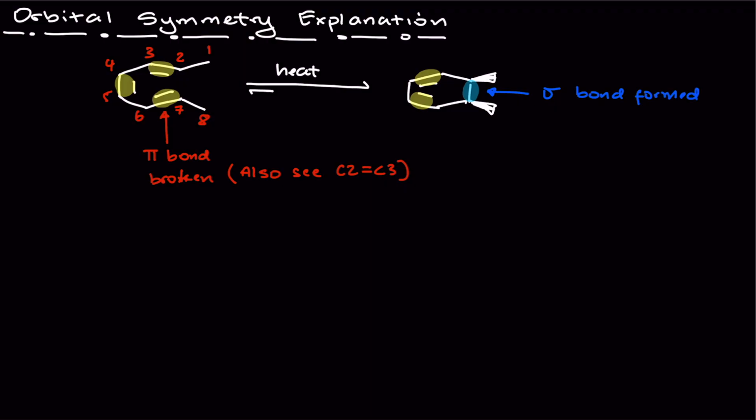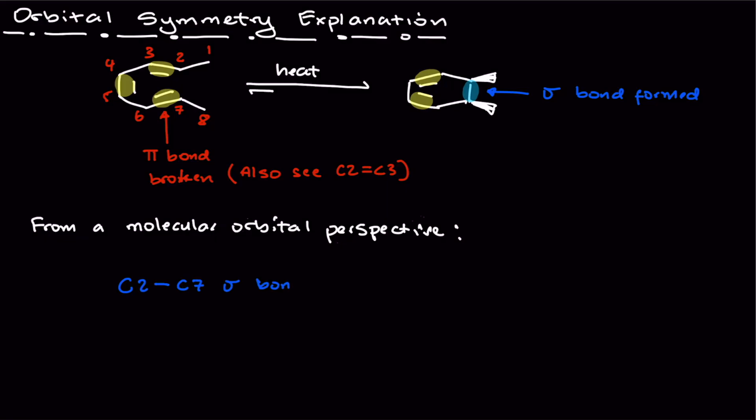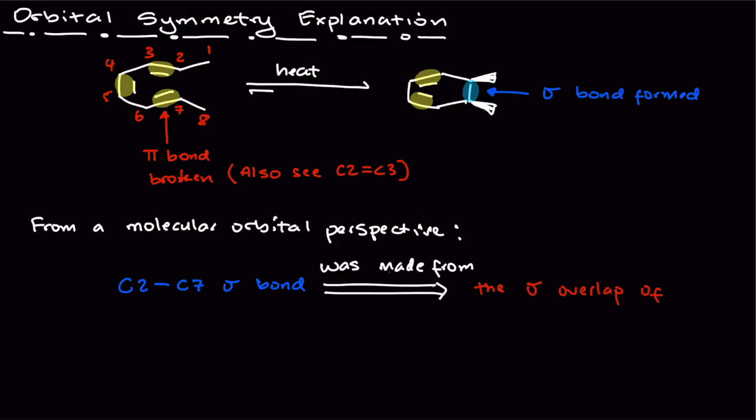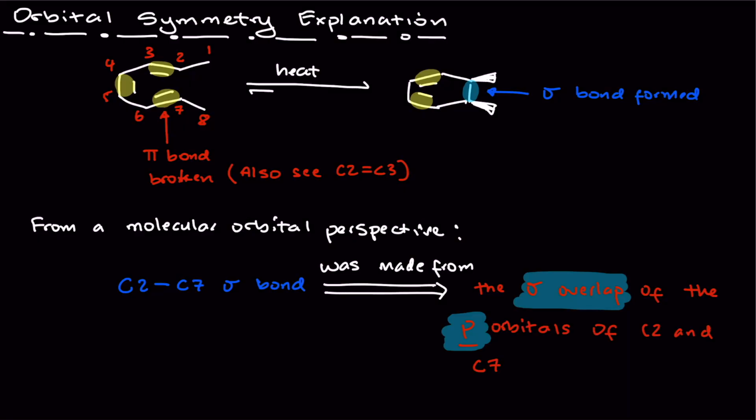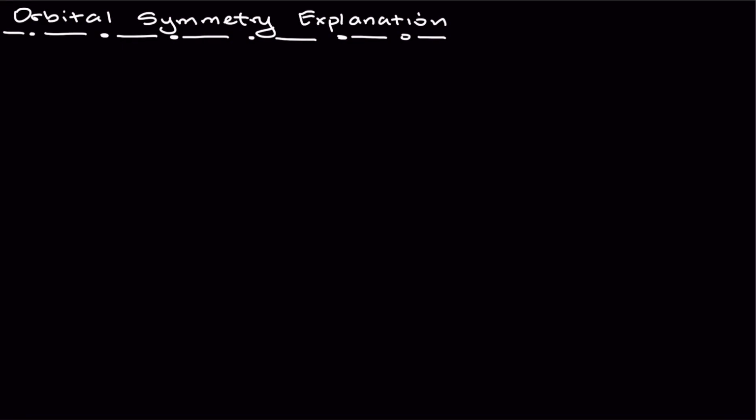And so when you're thinking about how these bonding would work from a molecular orbital perspective, we have to assume that the carbon 2 carbon 7 sigma bond that was formed must have been made from the p orbitals that we started with in carbons 2 and 7, and it must have come from a sigma overlap of those p orbitals.